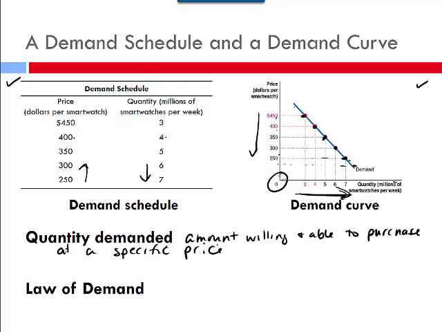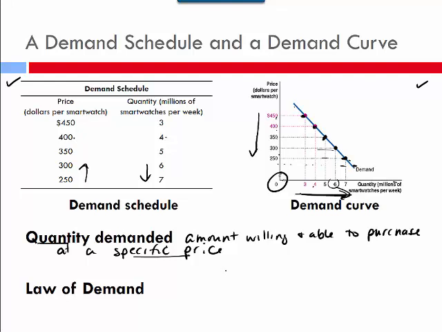When we say the demand, it's the whole thing. The quantity demanded is at a specific price. So at a price of 400, the quantity demanded is 4 million. At a price of 300, the quantity demanded is 6 million. You put them all together, and the demand curve is the whole thing. So when you see just the word demand, that's putting all of them together. When you see the quantity demanded, that is the amount at a specific price.